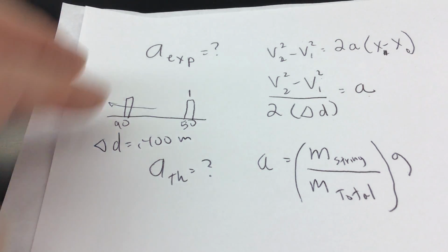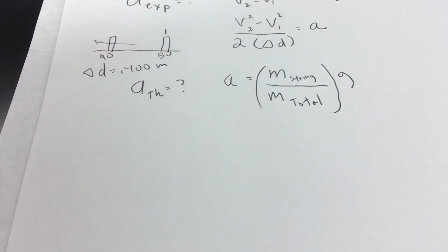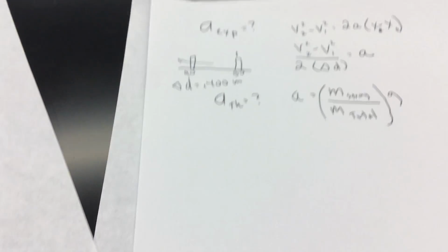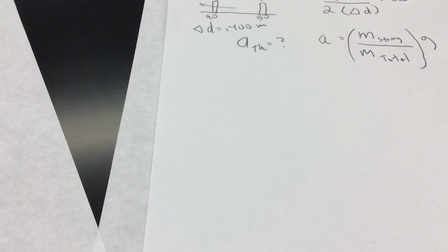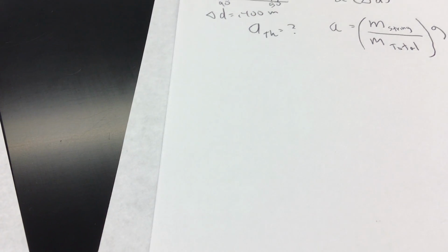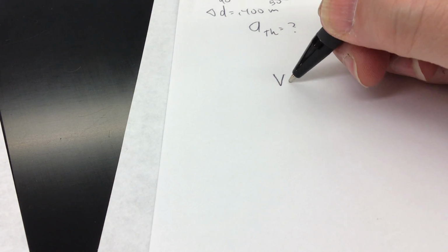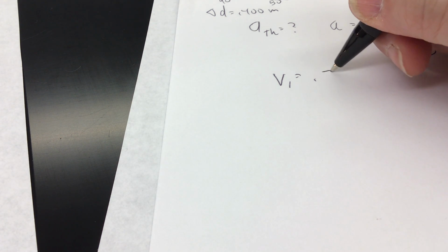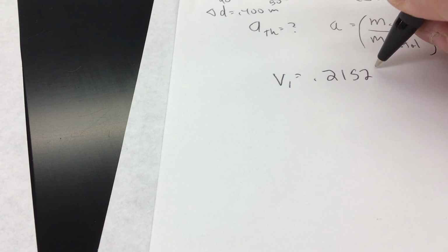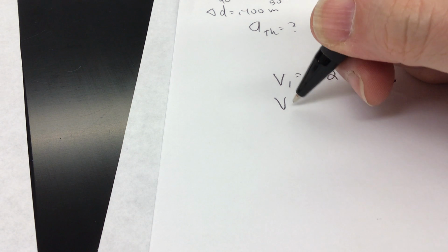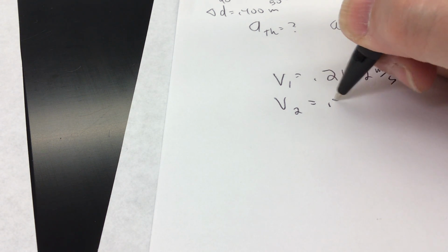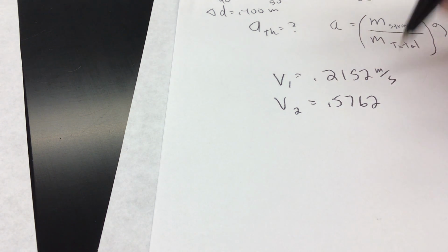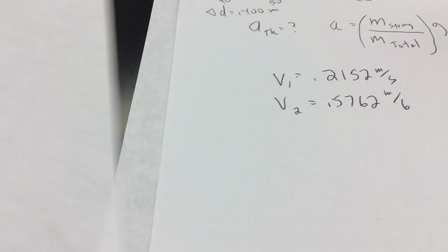So let's go ahead and calculate the experimental acceleration for our first mass trial. We know V1, from the average time, is 0.2152 meters per second, and V2 is equal to 0.5762 meters per second.